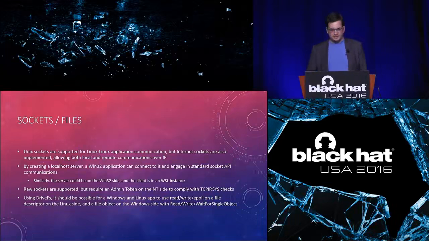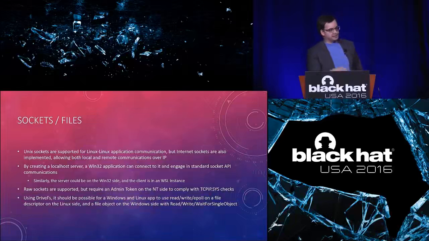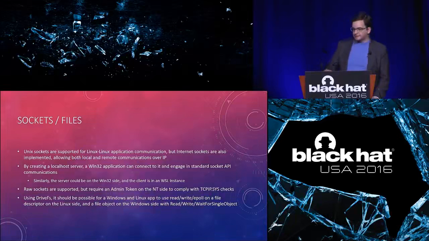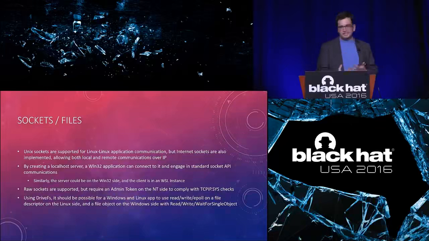On the Windows side, you connect to the localhost service, and then these things can actually talk to each other. Similarly, since the file system is mapped and mounted, you can create a file on the Windows side, read it on the Linux side, write back into it on the Linux side, and read the answer on the Windows side. So sockets and files work, but that's not the internal IPC mechanism they use. This is kind of the external model that exists. And as a developer, this is what you're supposed to use.